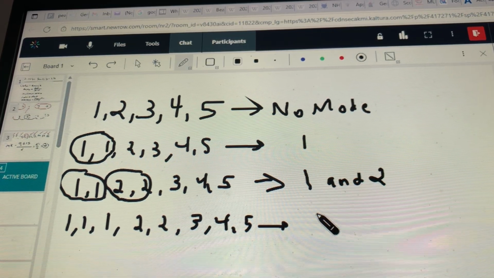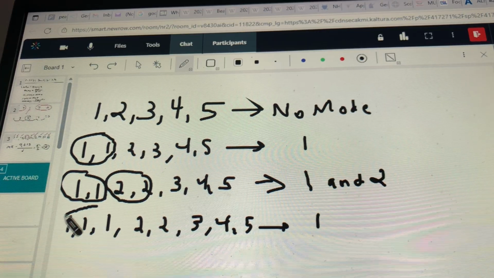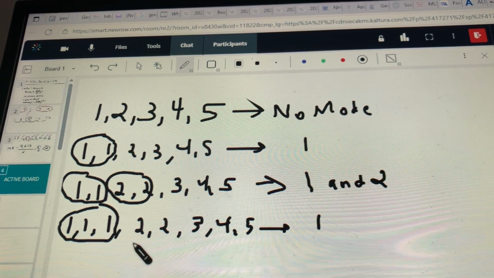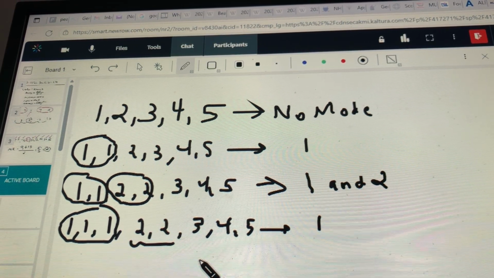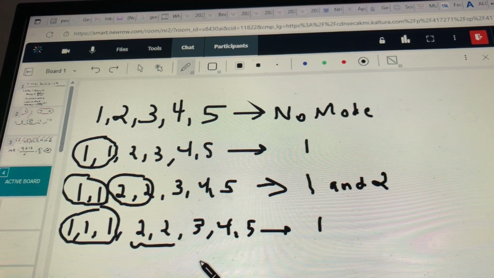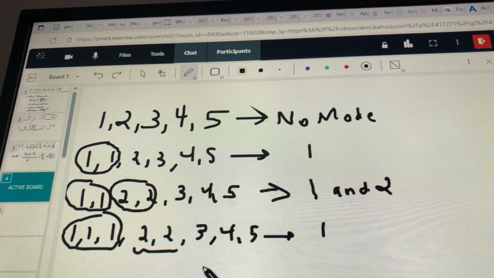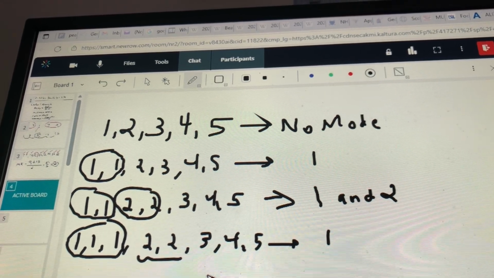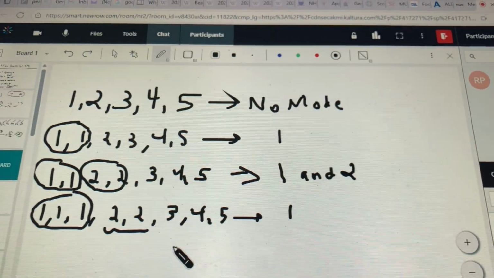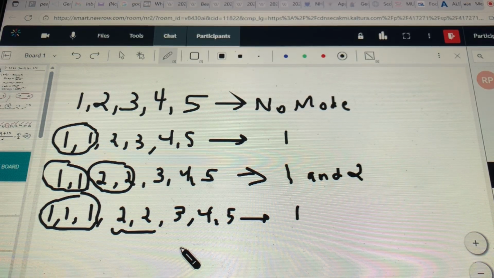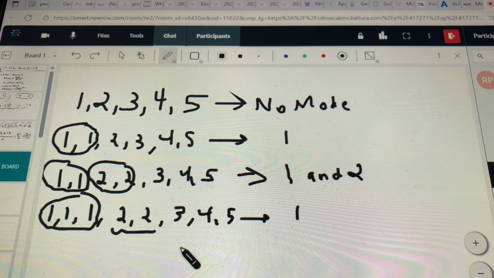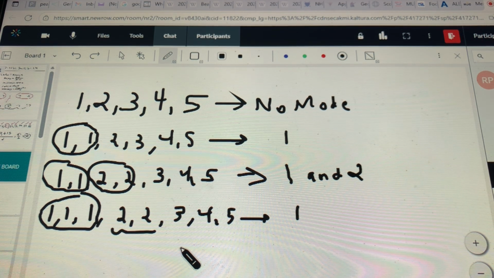In this case, the mode is only 1 because 1 happens 3 times and 2 only happens twice. And it's the one that occurs most. It's not repeats, it's the most. And often it turns out to be all the repeats because often there isn't multiple repeats, or if there are, sometimes there's a tie. But it's not necessarily all the repeats. So here's an example where it's not all the repeats. So just keep that in mind.